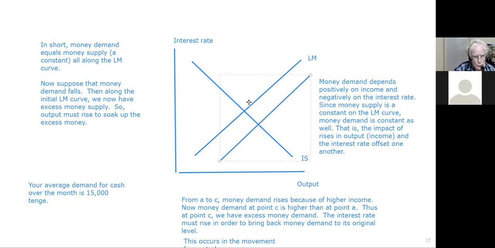So at every interest rate, we have higher income than before. So that means that output has risen and interest rates have fallen.